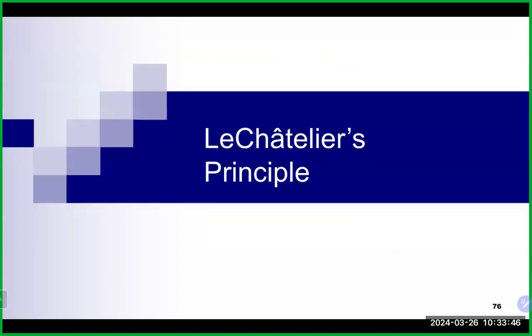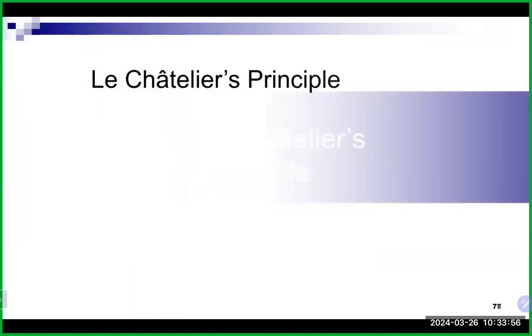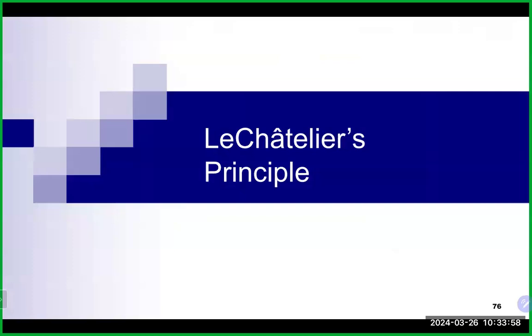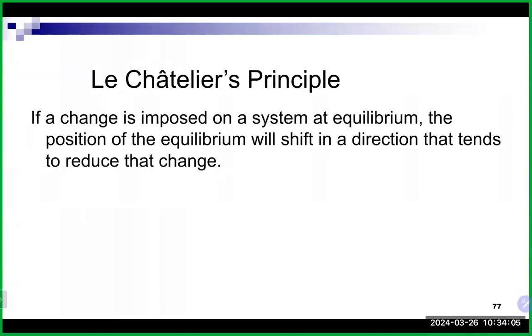All right, so to finish up this chapter, let's talk about our friend Le Chatelier's principle. Le Chatelier's principle is basically this idea that you have a system at equilibrium, and you do something to it that messes it up.